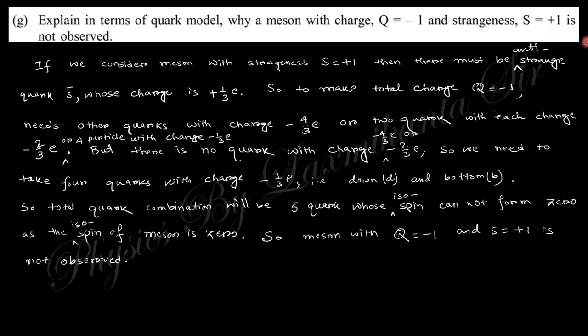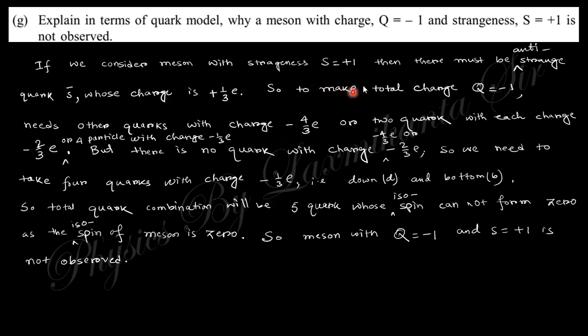If you know the chart of the quarks, they are up, down, strange, charm, top, bottom. These are the major 6 quarks. There are lots of other quarks available, but the major 6 quarks are strange, charm, before that up, down, after that top, bottom.